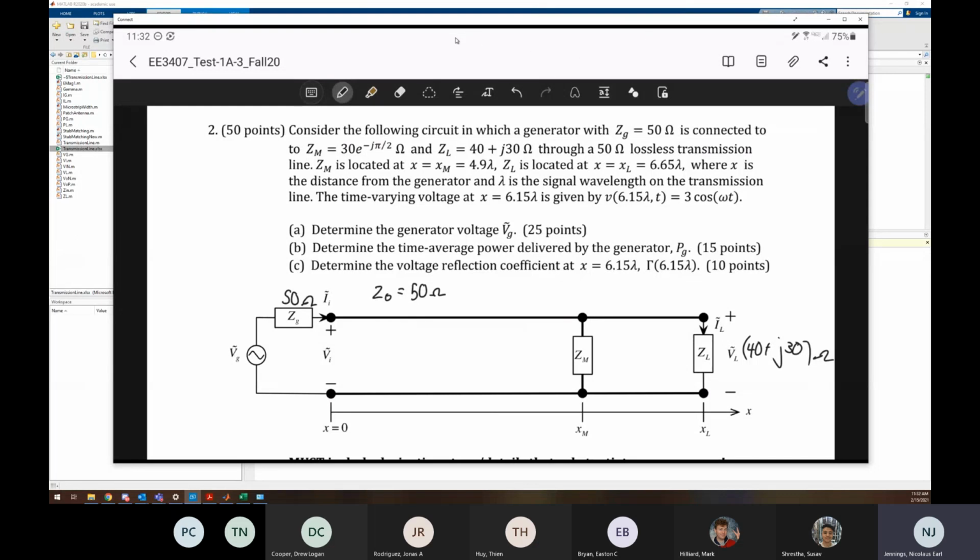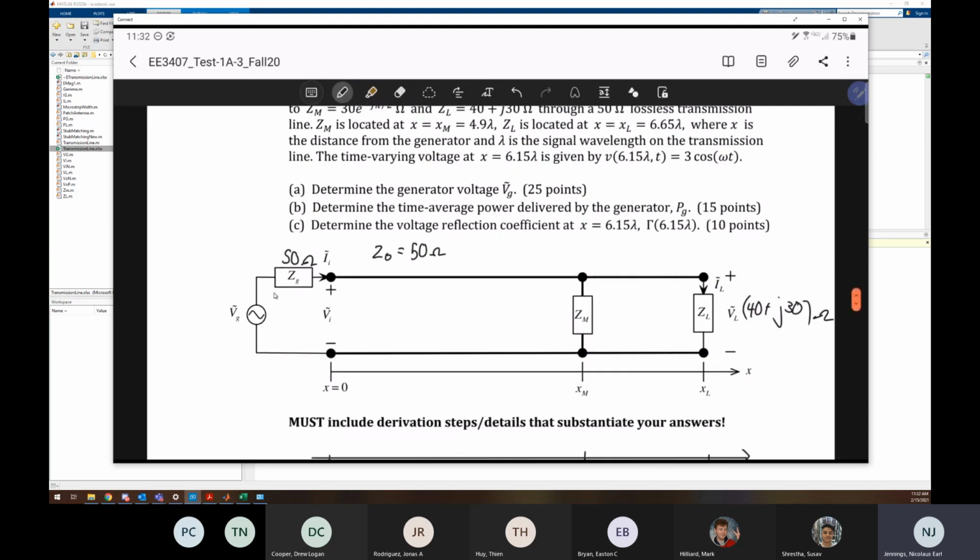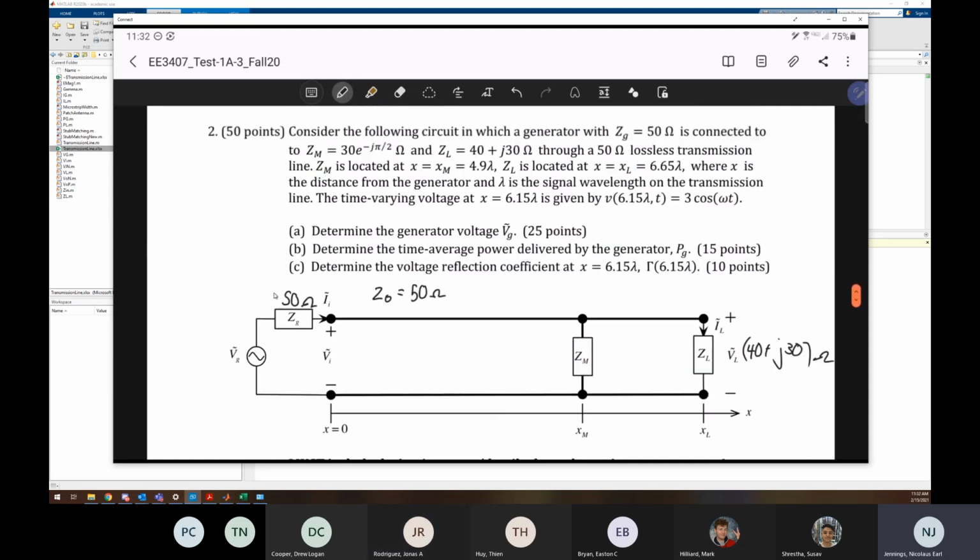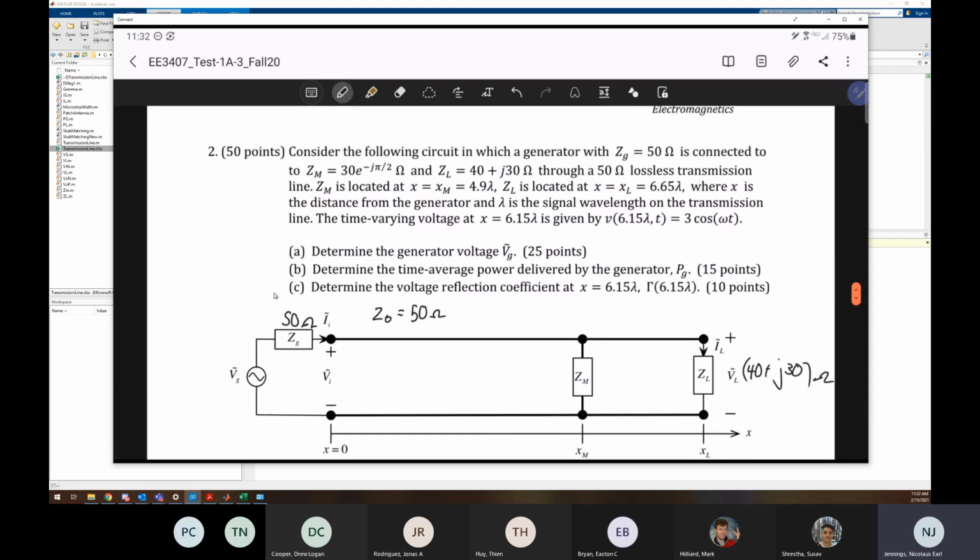Can you guys see anything? Yes, we can see it. Okay, so this is the second problem right here. We're once again solving a transmission line, but we have 2 loads. I'll let you look at the problem if you want to save this so you can look at it yourself or write it down.